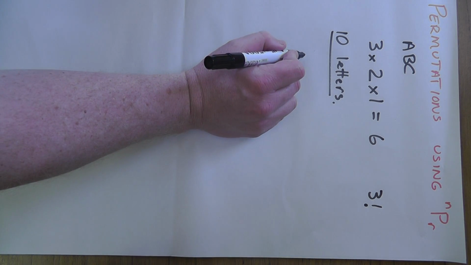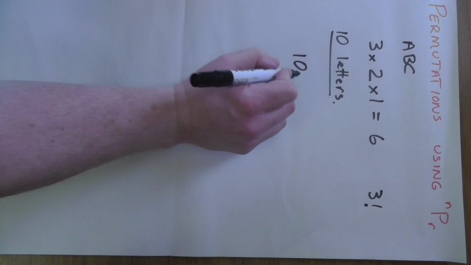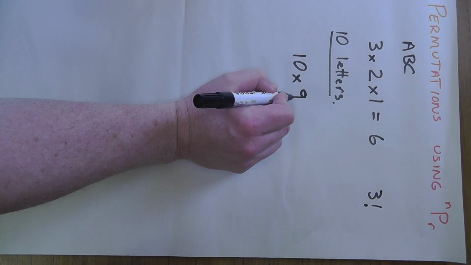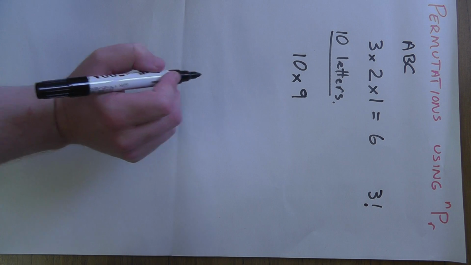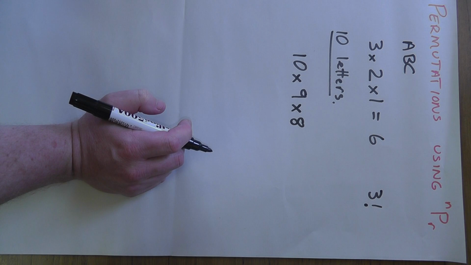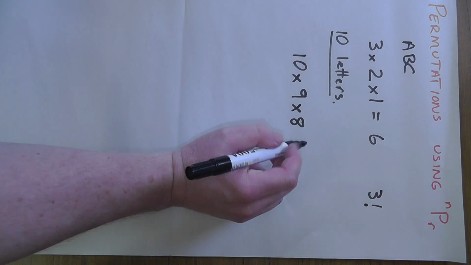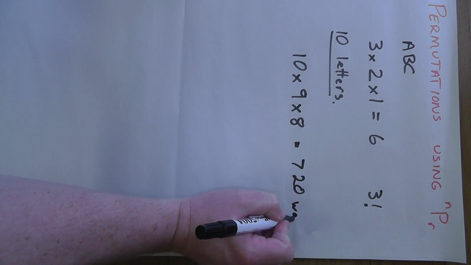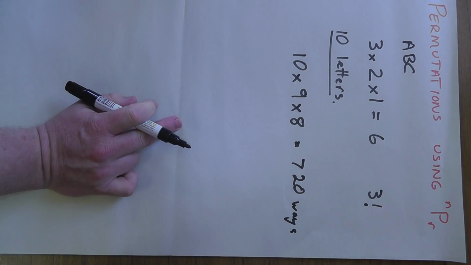So, for our first letter, we have 10 options. It's an AND problem, so times the second one. We've got 9 options for the second letter and 8 options for the last letter. 10 times 9 times 8 is 720 ways to arrange our 10 letters into groups of 3, where the order of the letters is important.